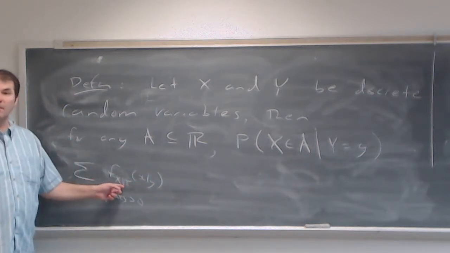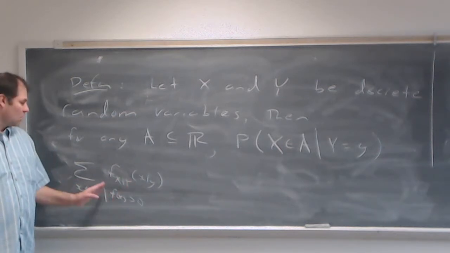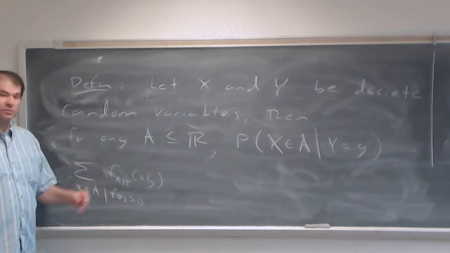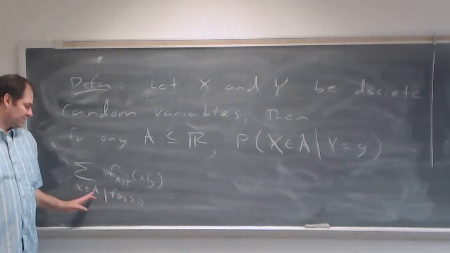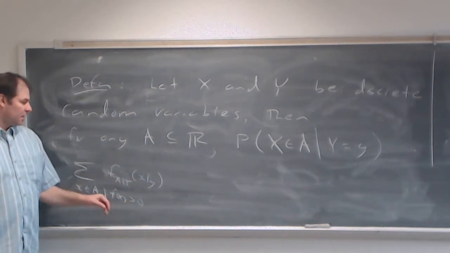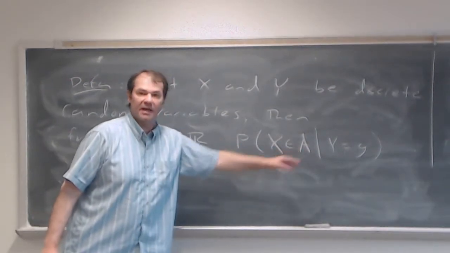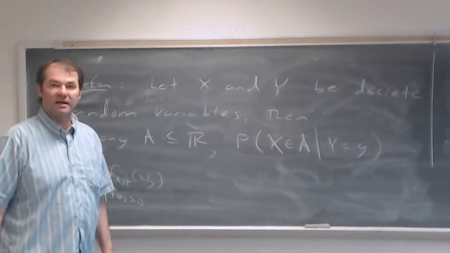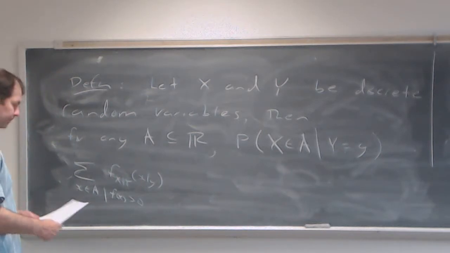So you sum the conditional probability mass function over all x values in A, where f of x, the probability that x is equal to that little x value, is greater than 0. You sum that up and you get the probability that x is in that set A when you know that y is equal to little y. That's this definition.